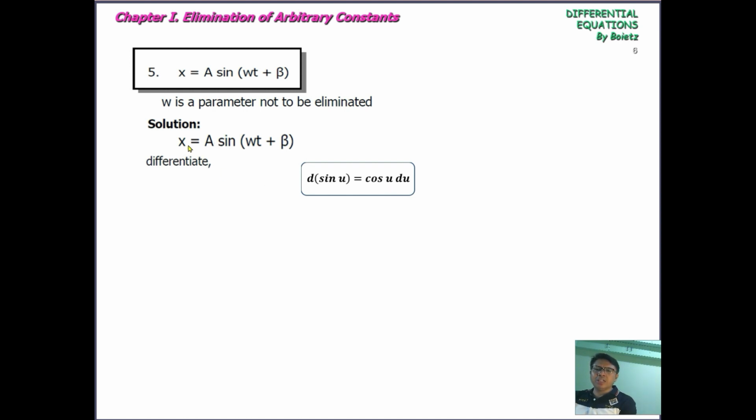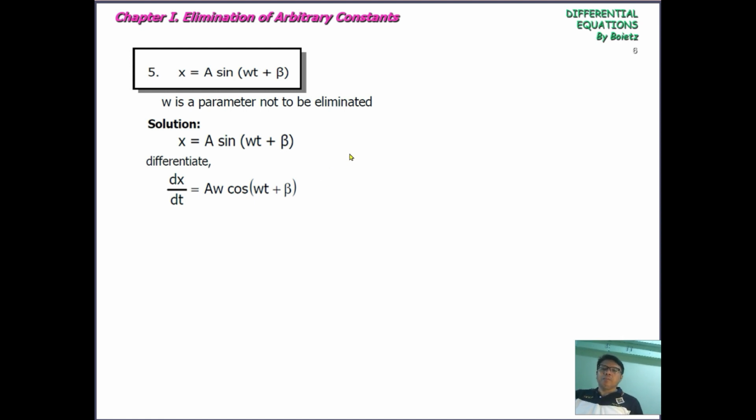Ang mangyayari dito, derivative of x with respect to t na. Since constant yung a, derivative ng sine is cosine. Derivative ng u is w. Derivative ng beta is 0. Kaya magiging a w cosine quantity wt plus beta.